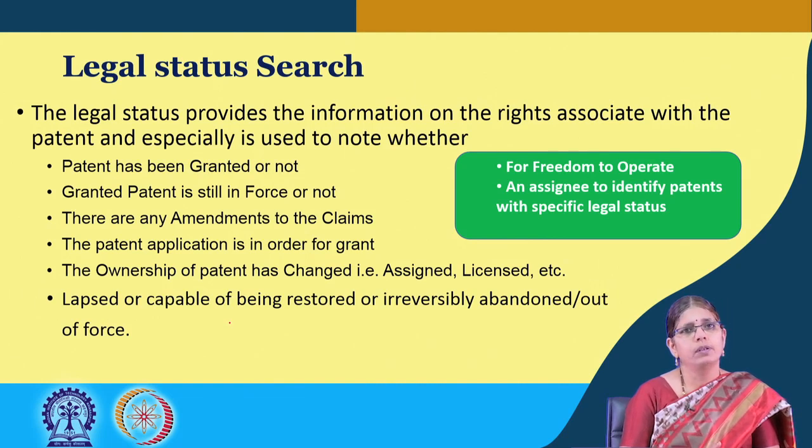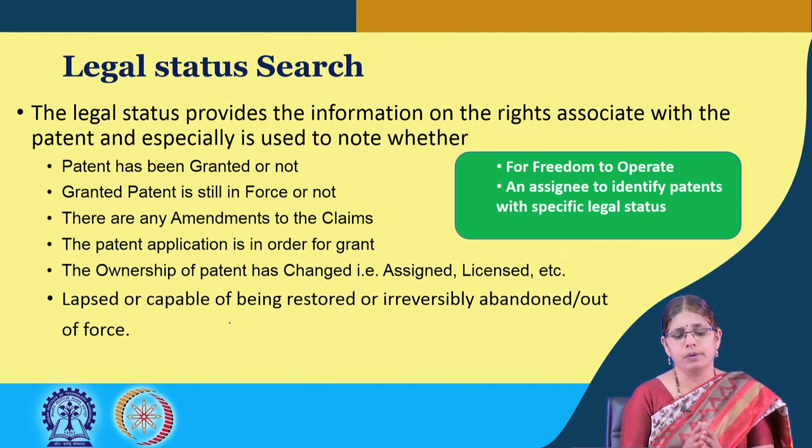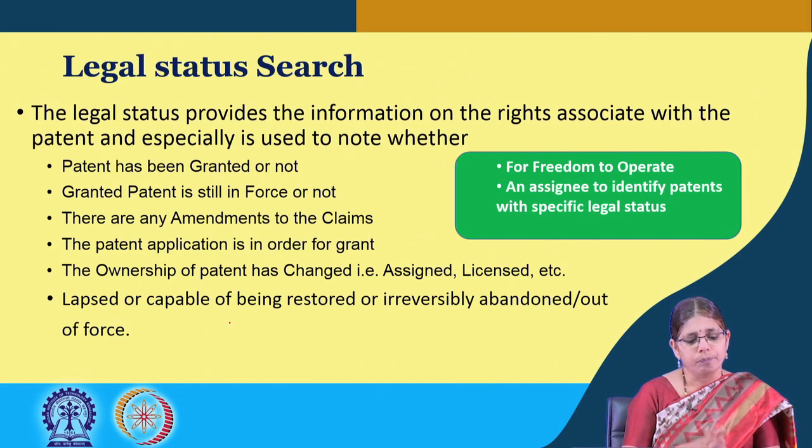The first thing that the searcher would be interested in, in case of bringing a product to the market, is to look for whether there is a patent that has been granted or not, and whether the ownership has changed on that particular patent, and what data is available in relation to the licensing out of that invention. So, it is important to also look at legal search, status search, in terms of looking at this sort of information.